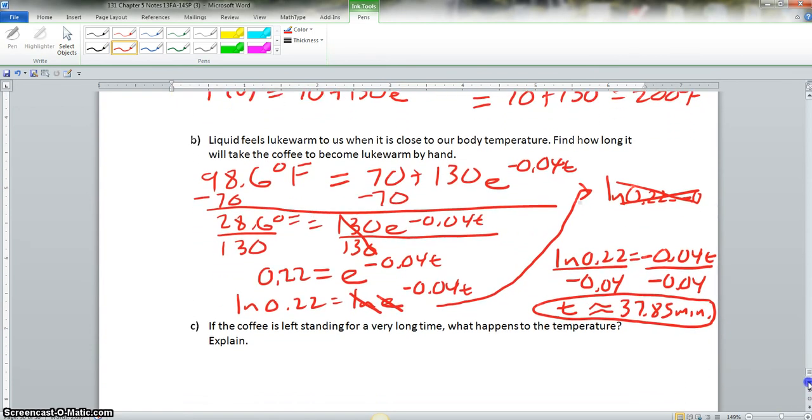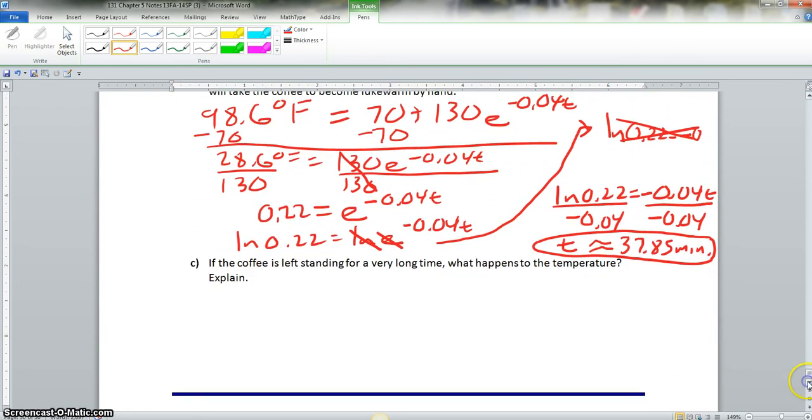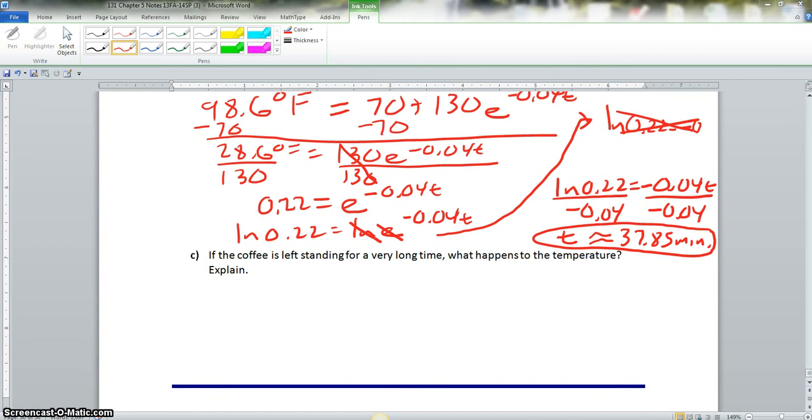Now we come down here to C. It says if the coffee is left standing for a very long time, what happens to the temperature? Now, what happens is if it's standing for a long time, and we're saying in the average house, it will get closer and closer to room temperature.